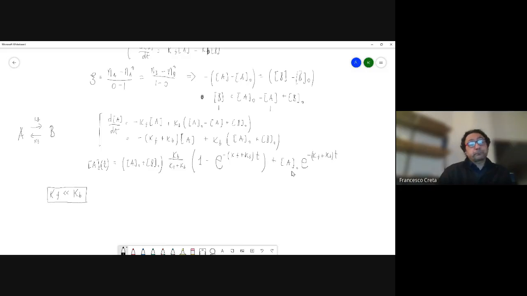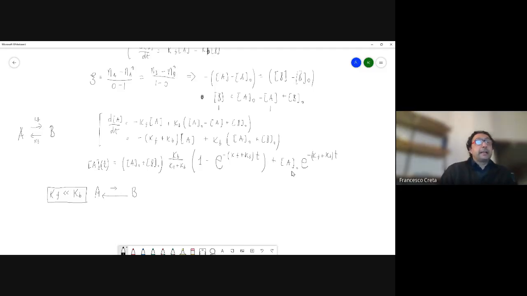Okay? What happens if KF is much smaller than KB? You can even imagine this by writing down a very big arrow going backwards and a small arrow going forwards, okay? So KF is small and KB is much larger, okay?